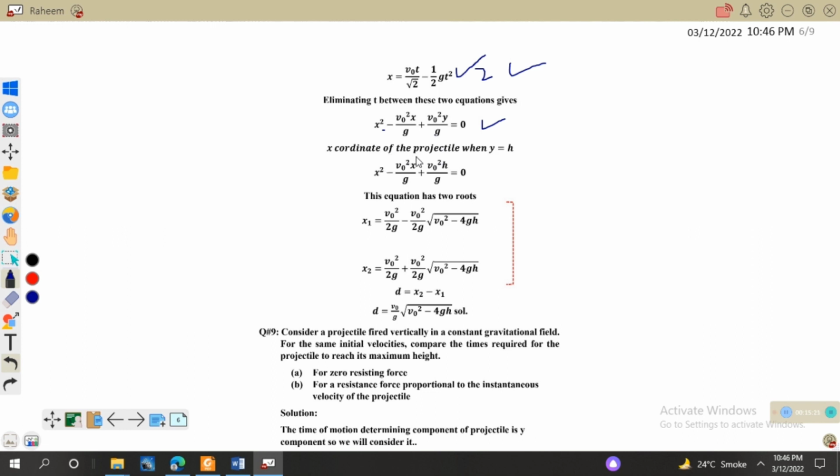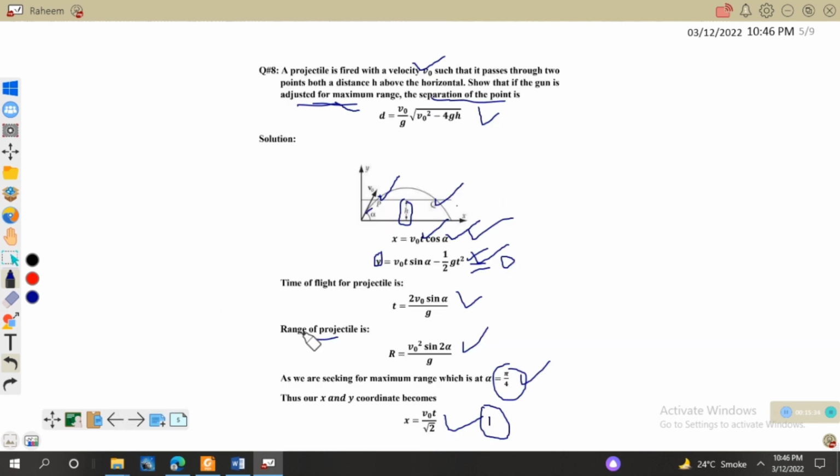In this equation, x is the x coordinate of the projectile and y is its height. So we put y is equal to h, because we are finding the horizontal distance between 2 points which are at height h.